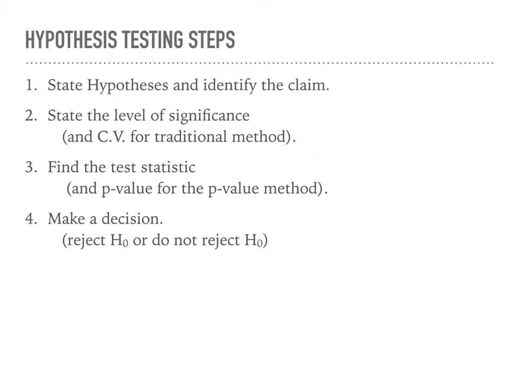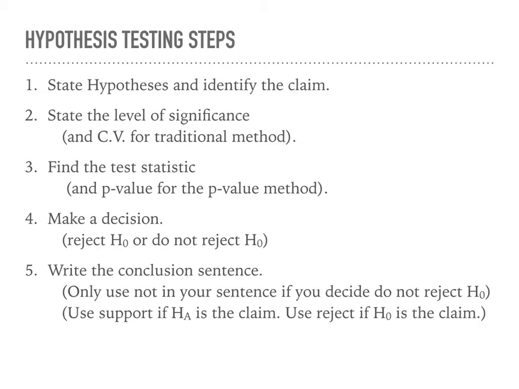You'll then make a decision, reject or not reject the null hypothesis, and then write your conclusion sentence. Remember, only use the word not in your sentence if you decide do not reject the null hypothesis. You use the word support if the alternative hypothesis is the claim, and you use the word reject if the null hypothesis is your claim. You can always refer back to the table I gave you last chapter when writing your sentence.